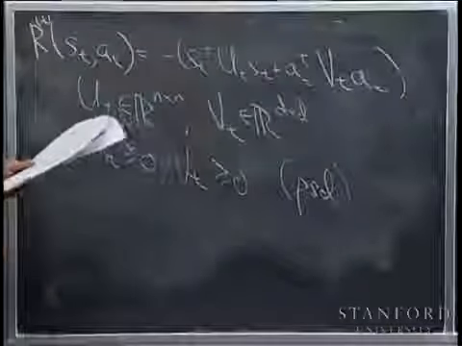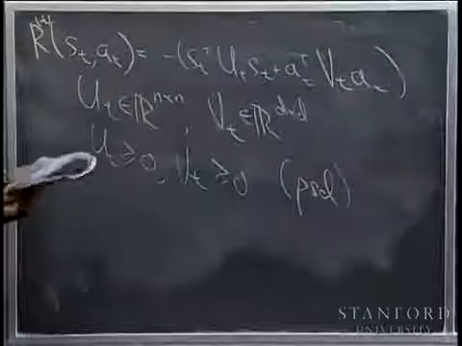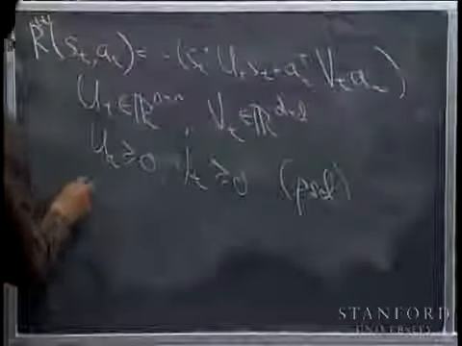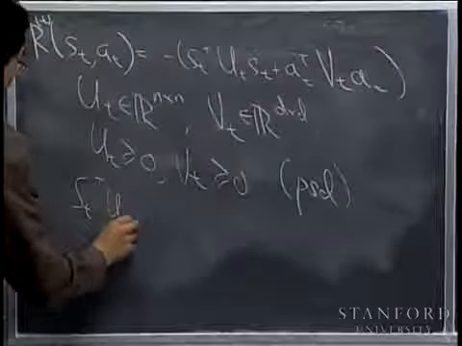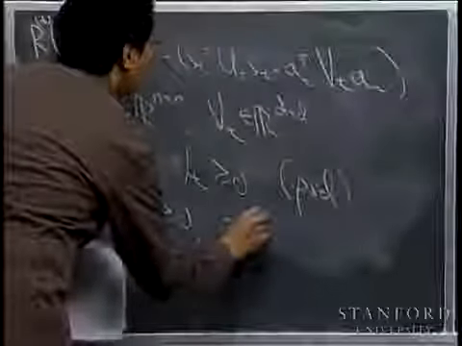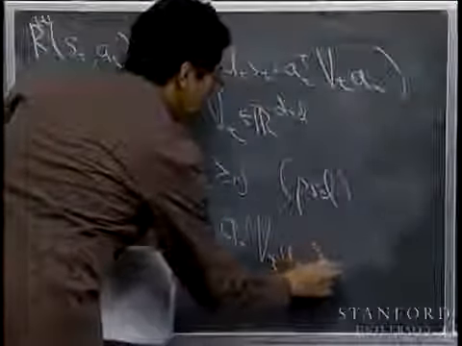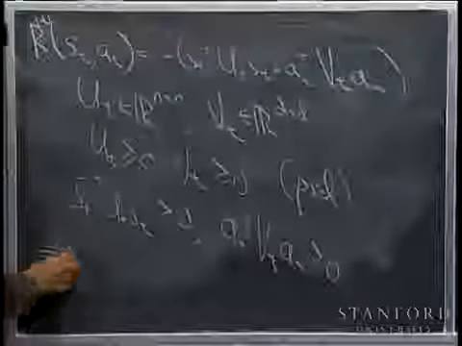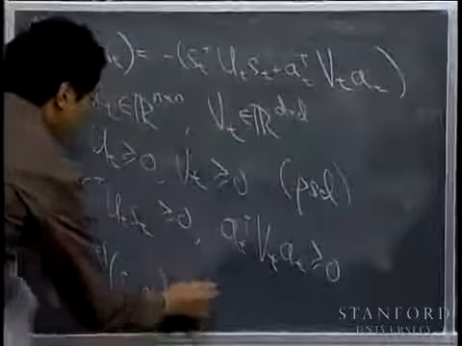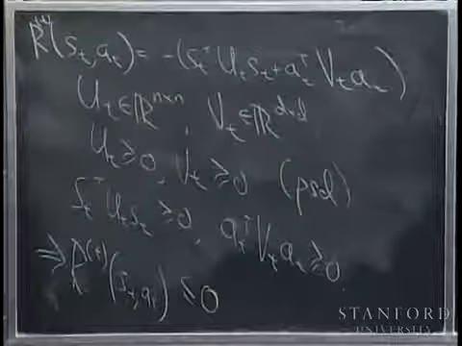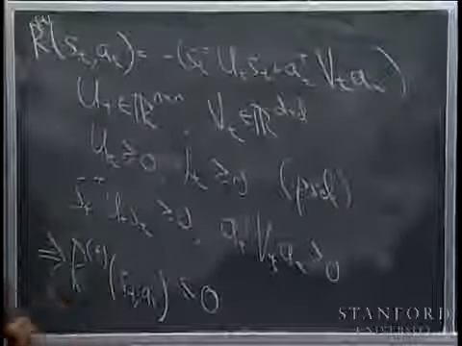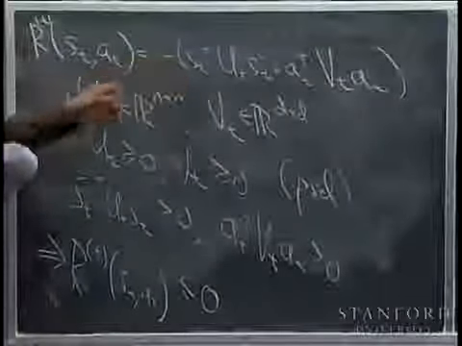The fact that they are positive semi-definite implies that s_t transpose U_t s_t must be greater than or equal to 0, and similarly a_t transpose V_t a_t must be greater than or equal to 0, and so this implies that your rewards are always negative. So it's a somewhat depressing MDP in which there are only costs and no positive rewards, because of the minus sign there.